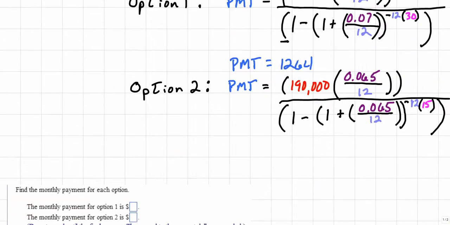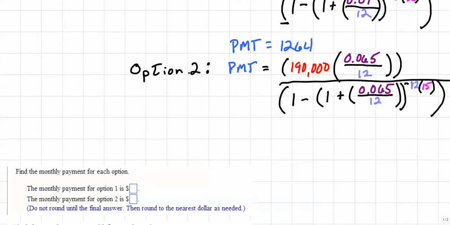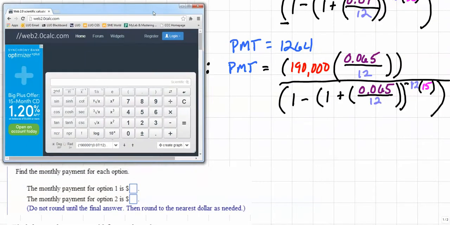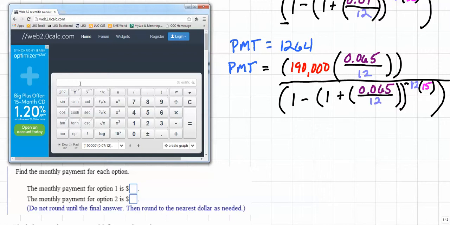So let's go ahead and bring the calculator in, and we will type that in exactly as it's written and hopefully get the correct answer. So open parentheses, 190,000 times open parentheses 0.065 divided by 12, close parentheses twice. I'm going to divide.